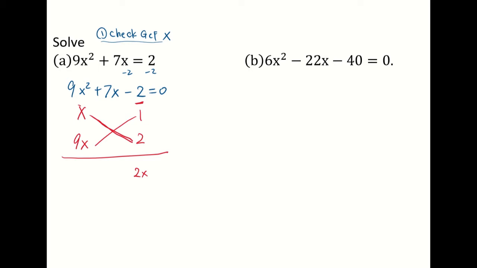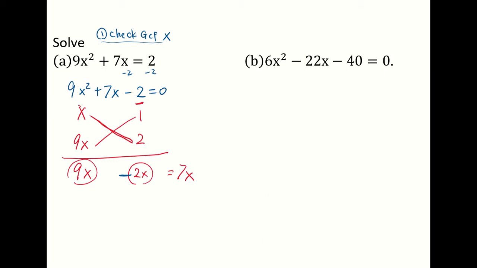And 1 times 9x, that's 9x. Again, somehow I want these two numbers to add up to be a 7x. That means I need to have a negative 2x here, so that 9x plus negative 2x is 7x.